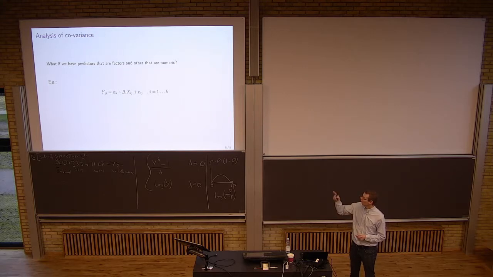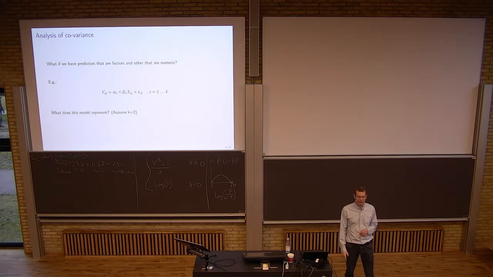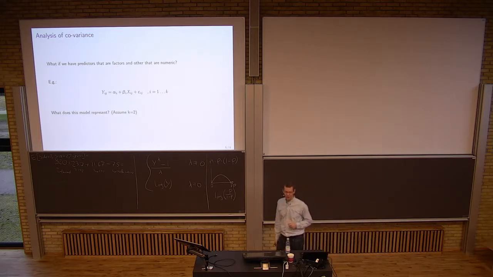So what does this model represent? Say, if k is equal to 2, that means that the factor has two levels. There's only one factor, the same factor that codes for alpha and beta. What does it predict? What does it describe, this kind of model?